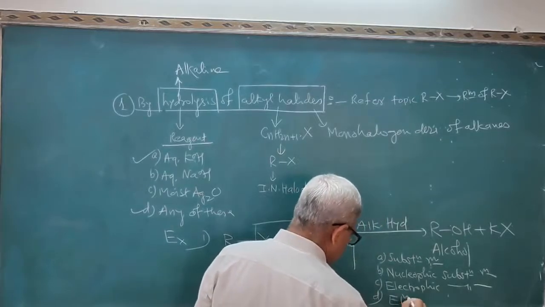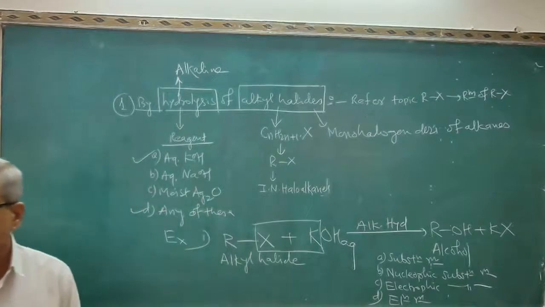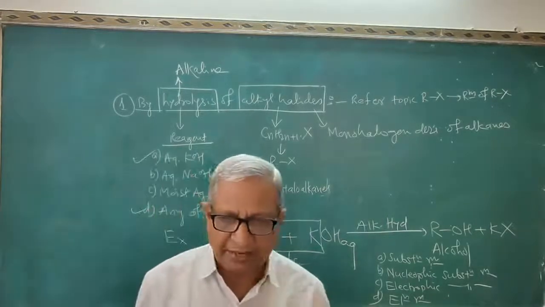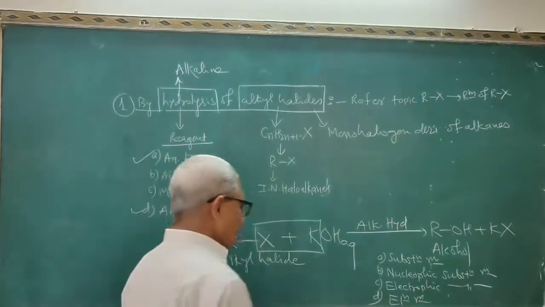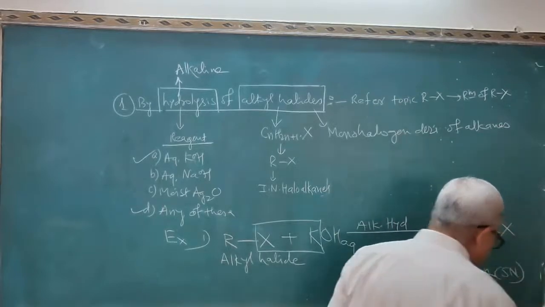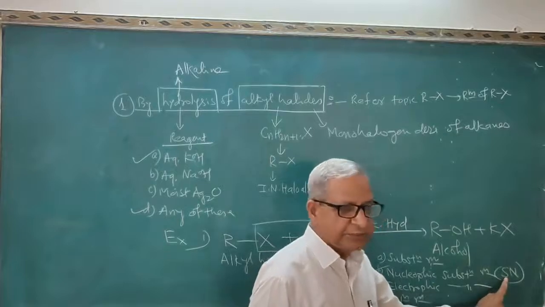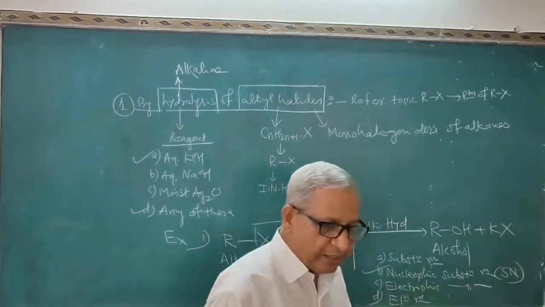Last option is elimination reaction. Select the correct one. I will give 1 minute to select the correct option. Here the correct answer is nucleophilic substitution reaction. These are generally denoted as SN reactions. S stands for substitution, N stands for nucleophilic, SN.